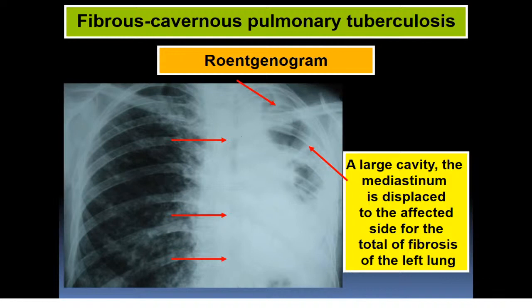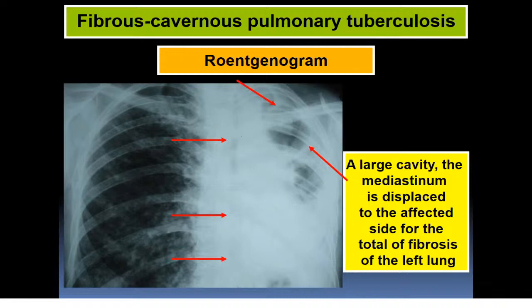Decrease, for example, decrease of the left hemithorax as a result of formation of connective tissue. Lung tissue changes to connective tissue. Decrease of intercostal spaces. If we compare symmetrical parts of lungs, we can see in the left side intercostal spaces less than in the right side.